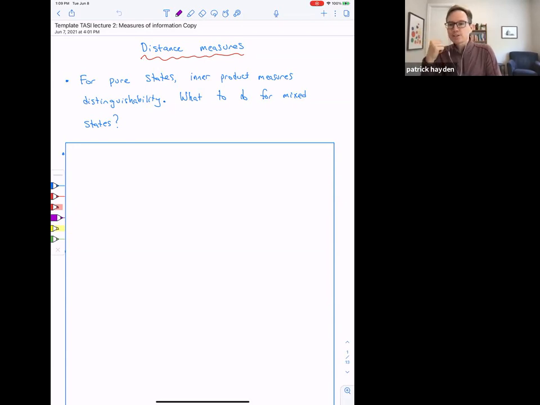Now, why do you want a distance measure, right? You could write down some arbitrary metric on mixed states and just work with it, and that should be fine. But when we're doing pure state quantum mechanics, the inner product plays a distinguished role, right? The inner product is a measure of the distinguishability of two pure states, and we use it all the time.